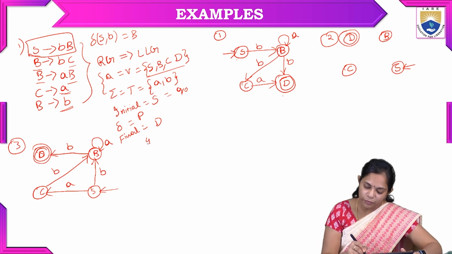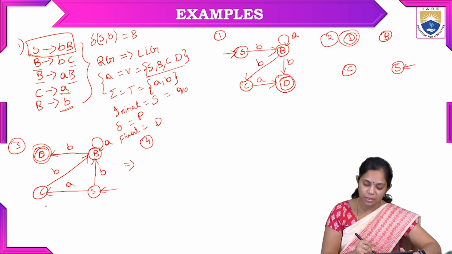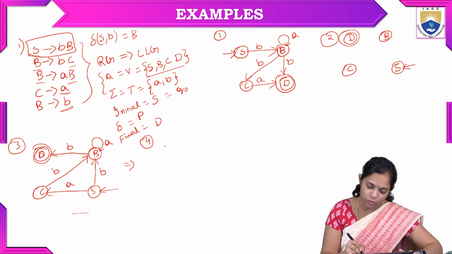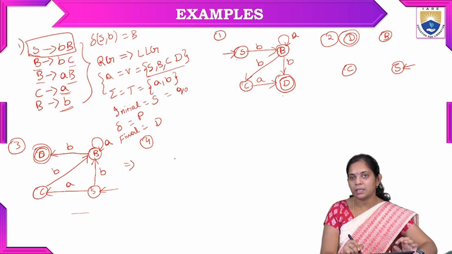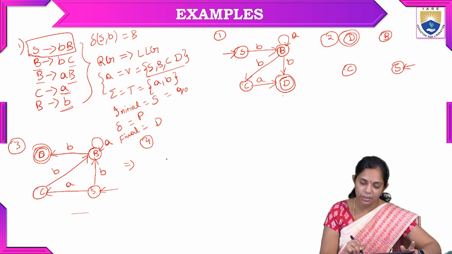And after that, fourth step, we have to write the production rules for this one, the production rules for the diagram with all edges reversed and positions interchanged. How to write the production rules for a given transition diagram, we already discussed in the previous videos, how to convert a finite automata to a regular grammar.